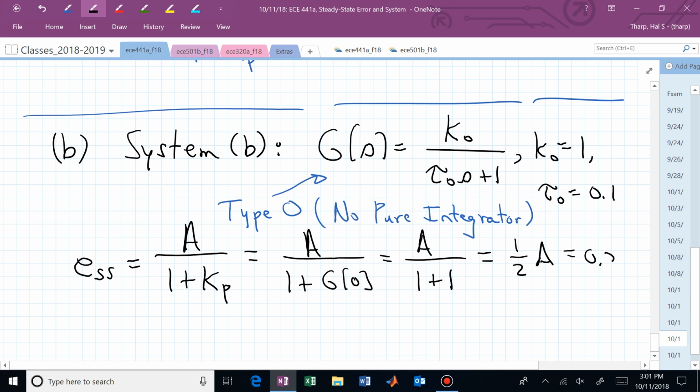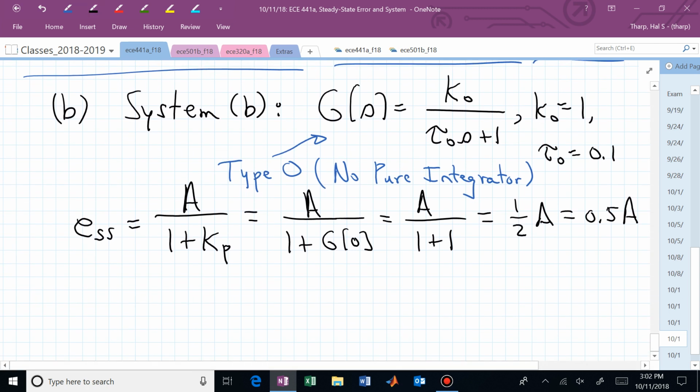Now the steady state error is 50% of the value that we injected to begin with, which is quite a bit bigger than the error that we had in part A. In part A, it was within 10% of the magnitude of the reference input. Now the error is 50% of the magnitude of the input that we applied.